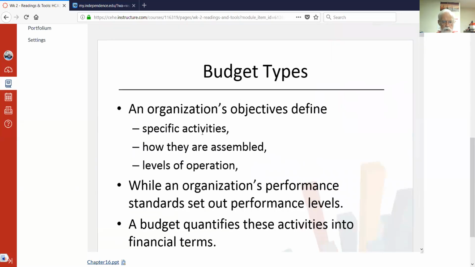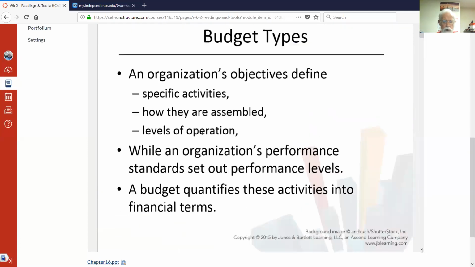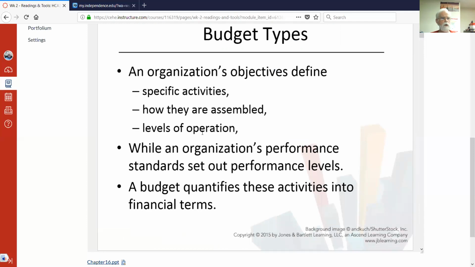Okay. So let's take a look at the whole issue of operating budgets. Operating budgets are different than capital budgets. And so this is the budgets from operation. Basically, it is going to be a way to calculate profit or loss, or gain or loss of financial position within the organization.